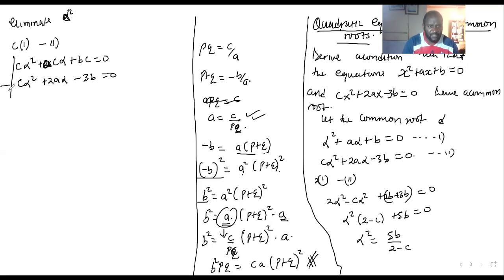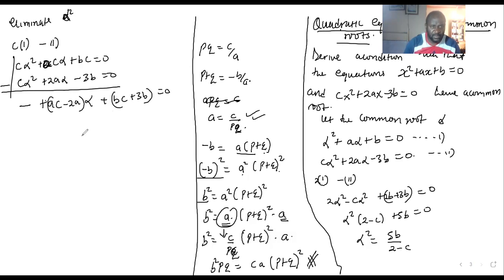When you subtract, for the other one I did not show you this, it was a little bit more obvious. This one has unknowns, it's very tricky. So alpha squared is eliminated, then you get (ac minus 2a) alpha plus bc plus 3b is equal to 0.